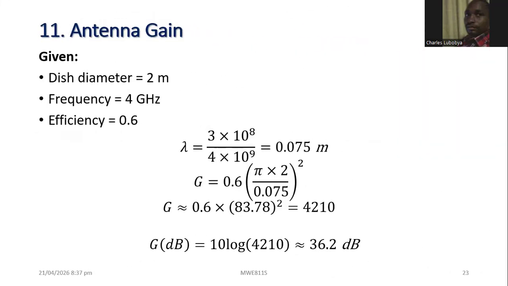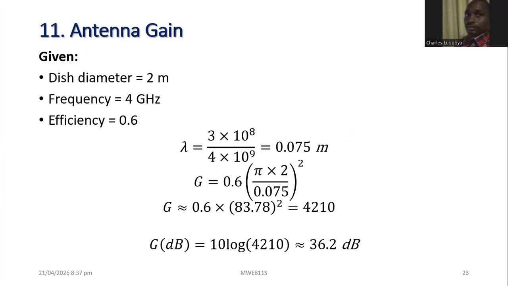And giving an example here, let's suppose we have a dish diameter of 2 meters, the frequency of operation is 4 gigahertz, and the efficiency is 60%, or 0.6. You can therefore calculate, first of all, the wavelength, which is essentially the speed of light divided by the frequency, which is 4 gigahertz, and you get 0.075 meters as your wavelength.